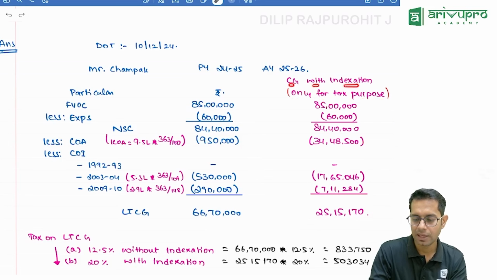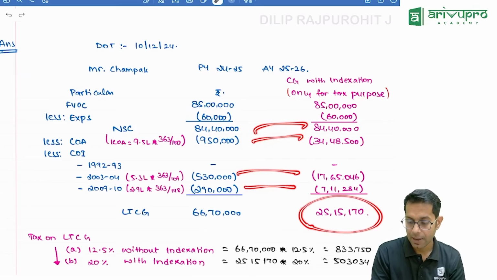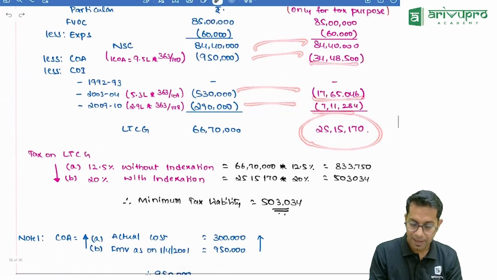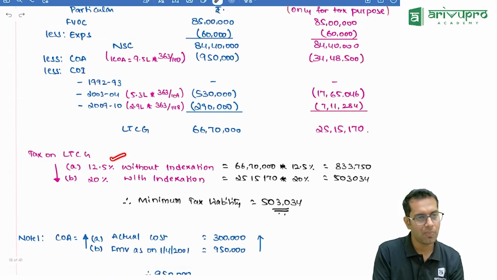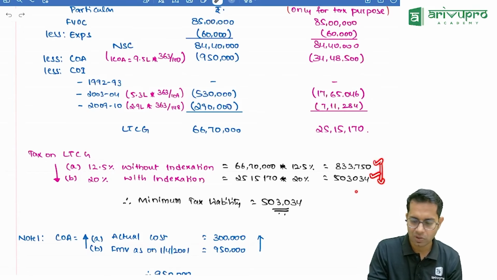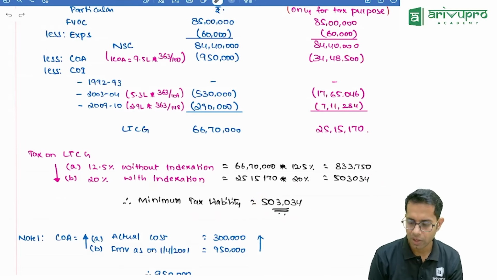Capital gain with indexation only for tax purpose. So I'm just recomputing the same capital gain, but by taking the indexation benefit. Now, when I pay the taxes, I should pay 12.5% without indexation, 20% with indexation, and whichever is less, 8,33,000 or 5,03,000, whichever is less is the amount of capital gain on which I have to pay. You okay, not okay?